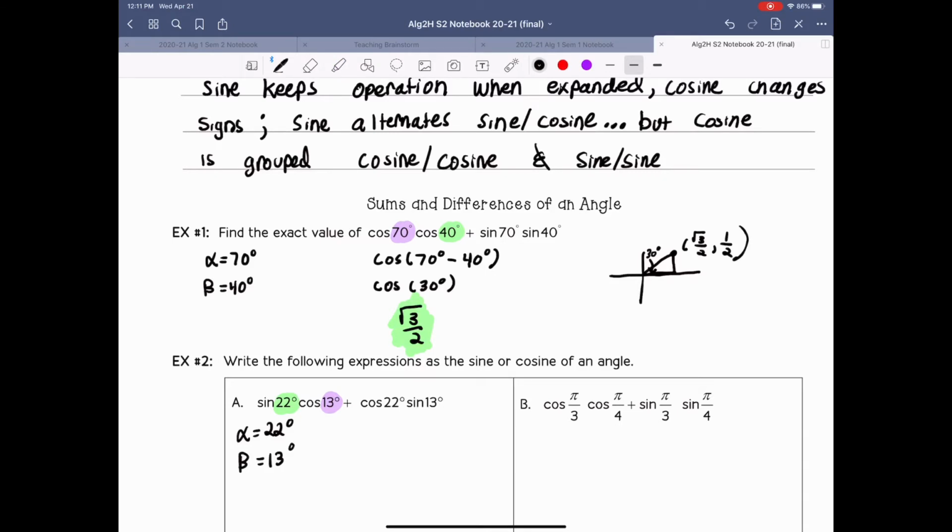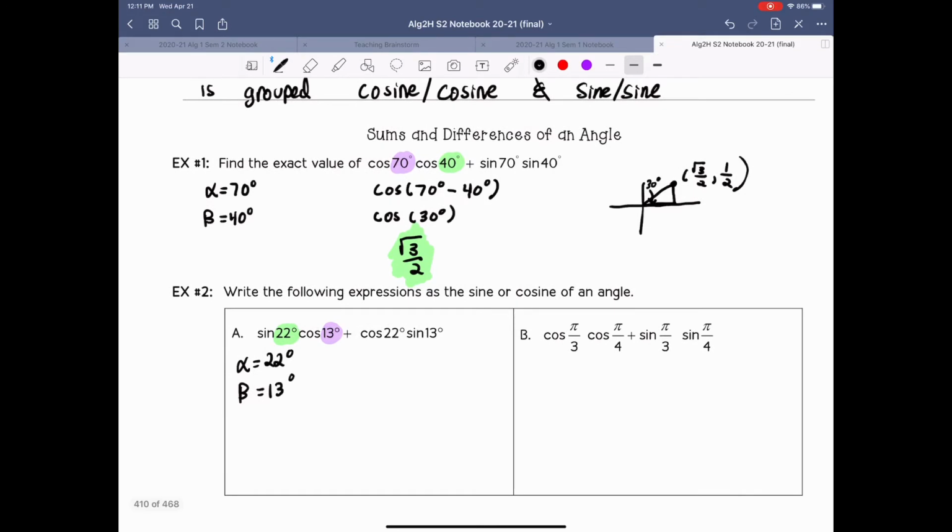And like we said, this setup aligns to the sine of alpha plus beta, so we're really looking at the sine of 22 degrees plus 13 degrees. Now, if I simplify the inside of the parentheses here, 22 plus 13 gives me the sine of 35 degrees, all right? So this is written in terms of sine or cosine, and this is my final answer.